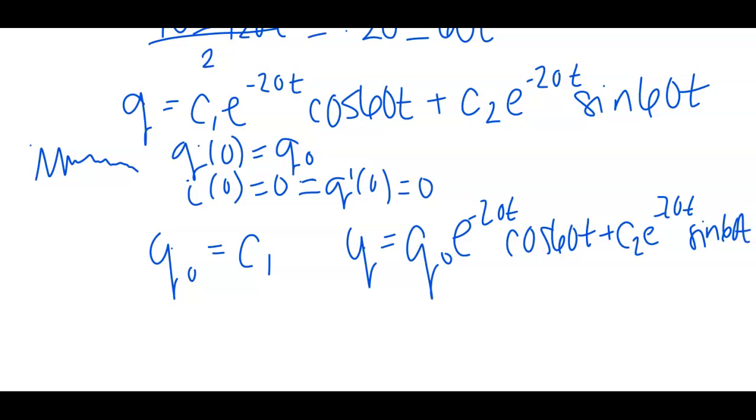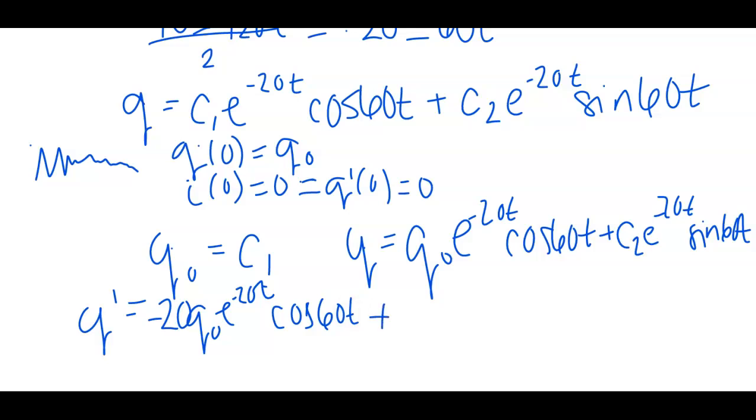If I take the derivative, okay, and then plug in, let's see what I get. Derivative of the first times the second plus the first times the derivative of the second. Now, when I take the derivative of the second and plug in 0, I get a sine function, so I'm just going to write that because I know that's going to be 0. Same thing when I take the derivative of the first times the second, I get a sine piece here, so I'm not going to worry about that.